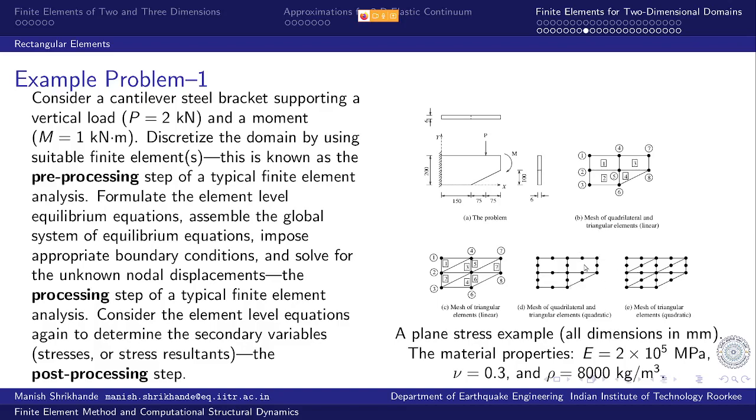So this quadratic element should be fine, but if I have to use this linear element, then the better model would have been to use a smaller element here, right? And appropriately design the mesh.